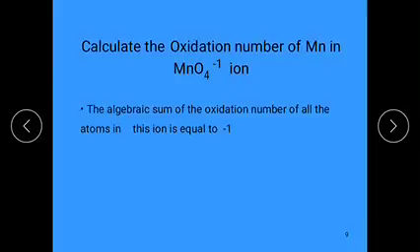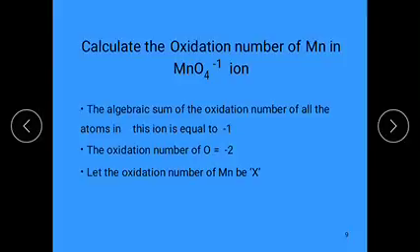That is, the algebraic sum of the oxidation numbers of all the atoms in this ion is equal to minus 1, the charge of the permanganate ion. Then the oxidation number of oxygen is usually taken as minus 2. Let the oxidation number of manganese be X.